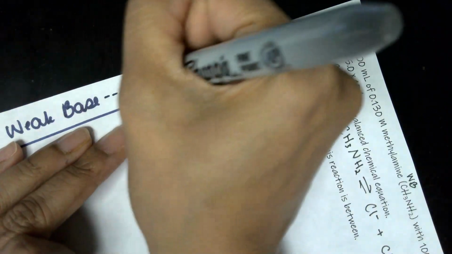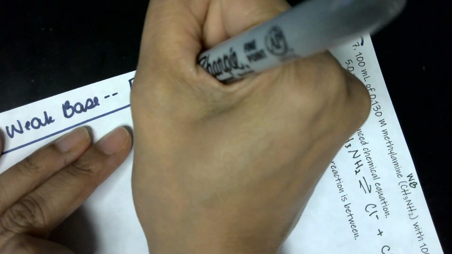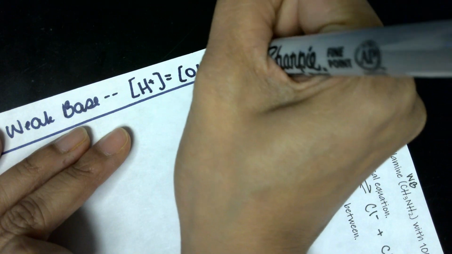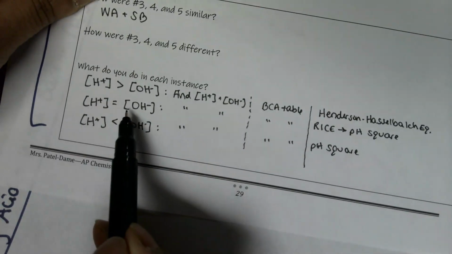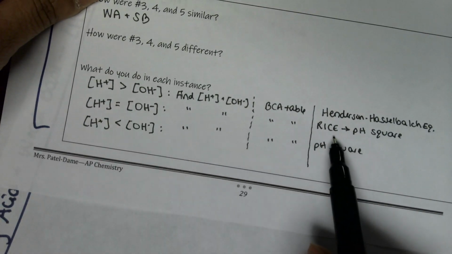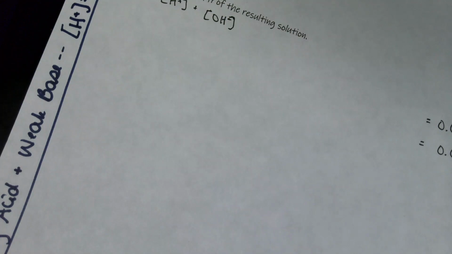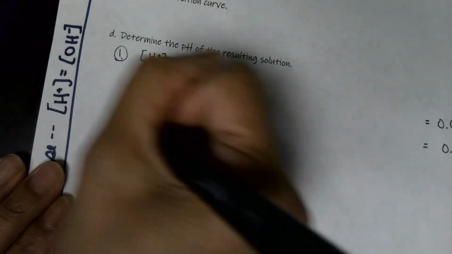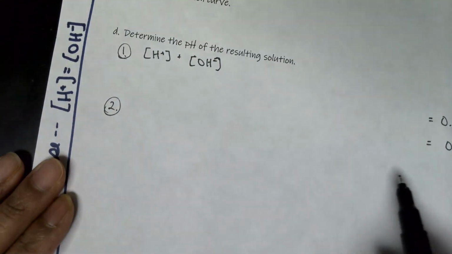So you know that your H plus concentration is equal to your OH minus concentration. Looking ahead, when that happened last time, when I had a weak acid, I had to go through the rice table and then the pH. So show that with your BCA table.